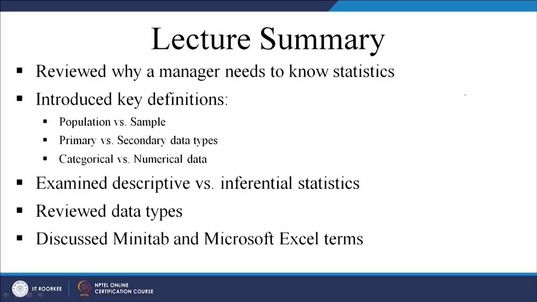We have reviewed data types, whether quantitative or qualitative data, and we have also seen different types of software which are available, such as R, SAS, SPSS, Minitab, Excel and so on. As far as this particular topic is concerned, we will have it in the next session.